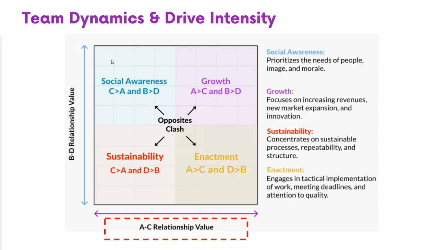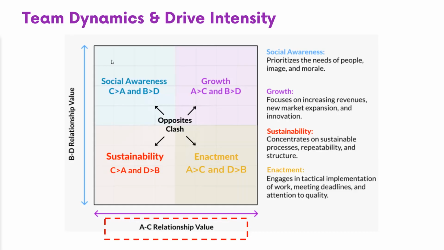So in the upper right-hand quadrant, B is going to be greater than the D, and A is going to be greater than the C drive. That's where you get the more salesy profile. And there's that push and pull, or tug of war, between growth and sustainability. In the example that I'm going to show you, there's also somewhat of a gap and a negative consequence associated with the intensities between enactment and sustainability.